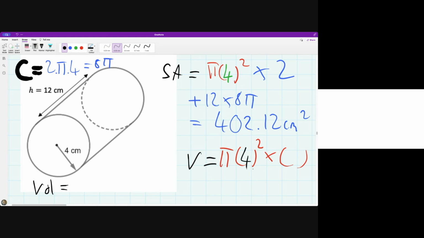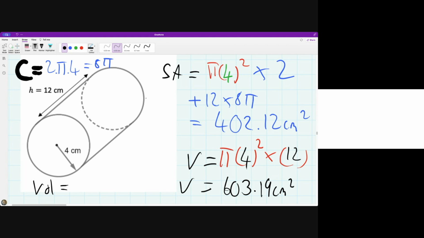Pi r squared times 12. 16 times pi times 12 gives me 603.19 centimeters squared. So how did you get 402?